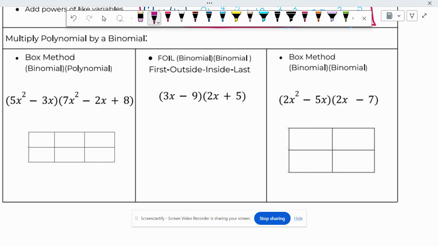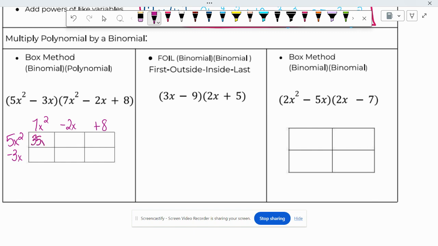So box method, I'm going to put my 5x squared out here and my -3x. And then my polynomial with 3 terms is going to go across the top: 7x squared minus 2x plus 8. Alrighty, what is 5x squared times 7x squared?